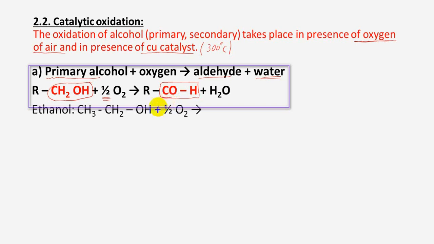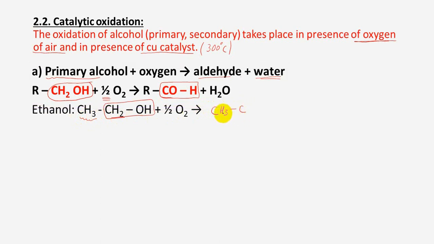And as an example, if I want to write the catalytic oxidation of ethanol, it will change the carbon of the functional group into a carbonyl group with hydrogen, and the methyl group part will remain the same. So the carbon chain or alkyl chain, methyl group CH3, remains the same. We only change the carbon of the functional group into a carbonyl group.